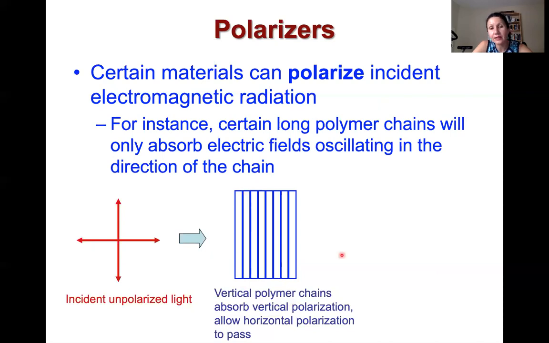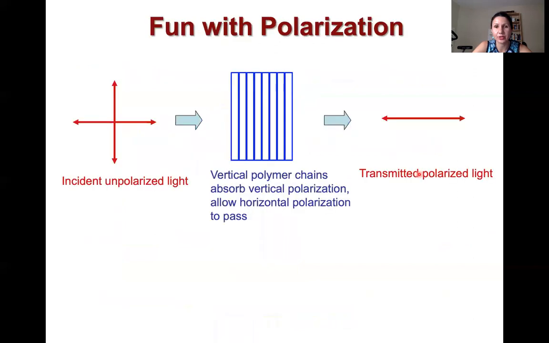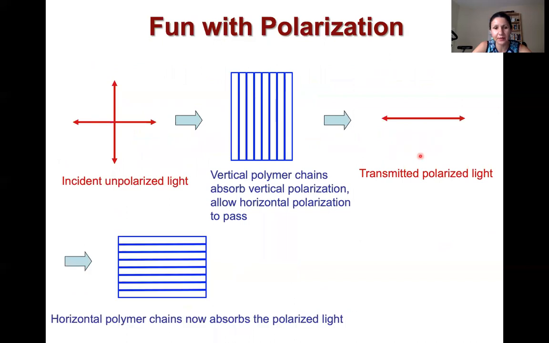So this particular polarizer will only allow the horizontal; all the vertical polarizations will get absorbed. And what you get is this transmitted polarized light where the polarization is in the horizontal direction. This is what happens when you take this incident unpolarized light and put it through this polarizer.